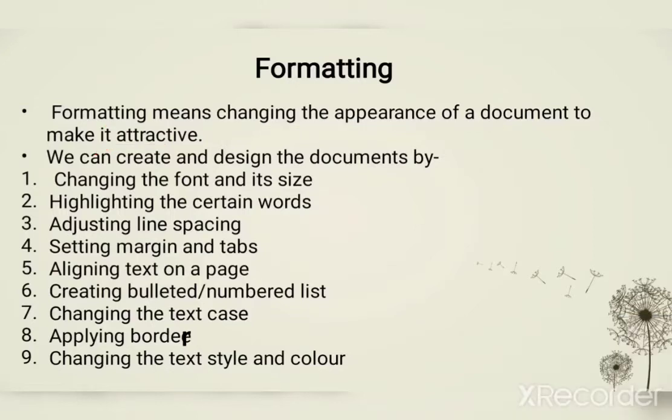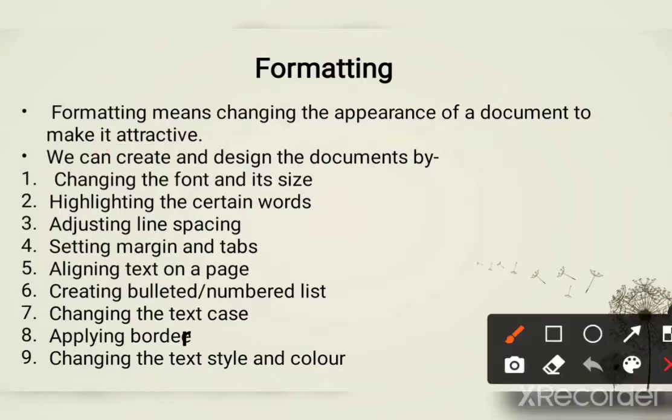Then we can create and design the documents by number 1, changing the font and its size. Number 2, highlighting the certain words. Number 3, adjusting line spacing. Number 4, setting margin and tabs. Number 5, aligning text on a page. 6, creating bulleted or numbered list. 7, changing the text case. 8, applying border. 9, changing the text style and color.